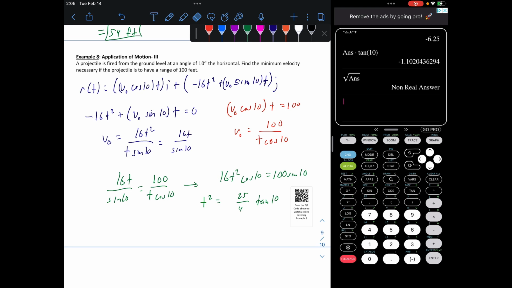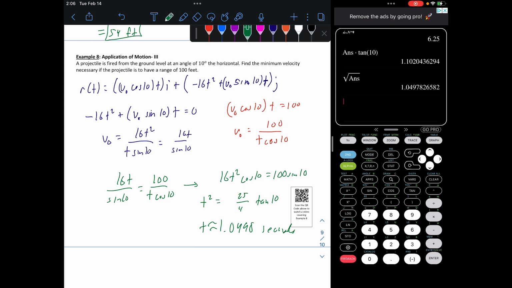Let me add that over. Okay, let's try this again. So 25 over 4 times tangent 10, square root of that answer, 1.0498. Okay, so that's our time there.